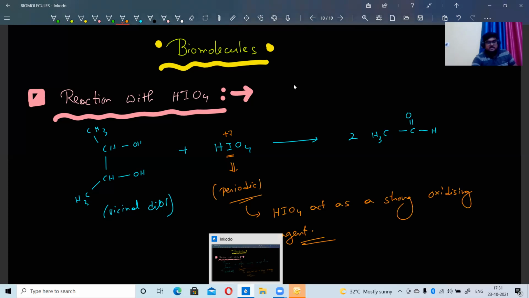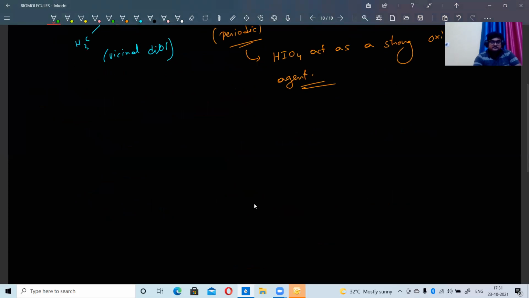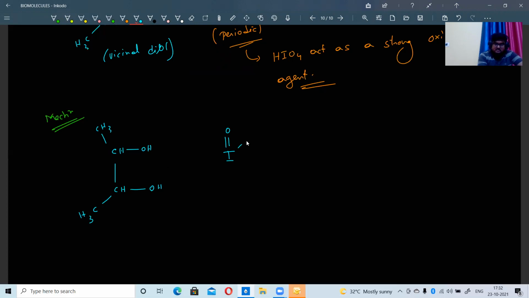Now, how does the reaction take place? If you write down the mechanism, it looks like this. CH3. Now, what is the structure of periodic acid? In this case, a lone pair is present over here.